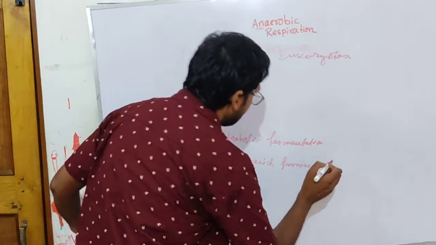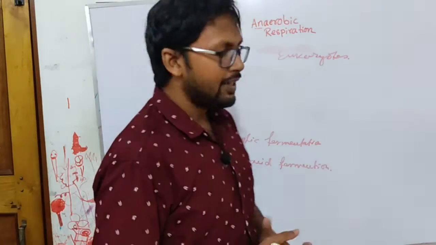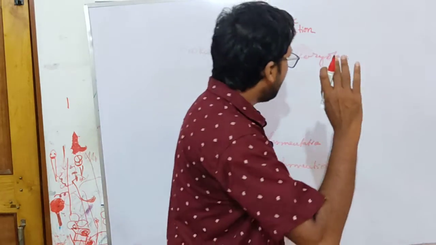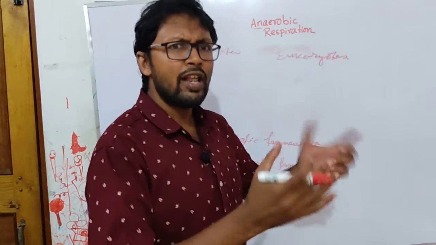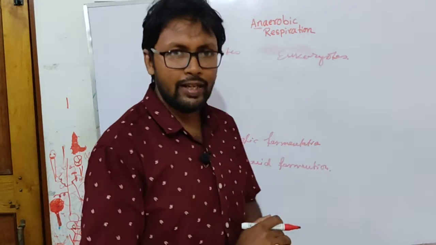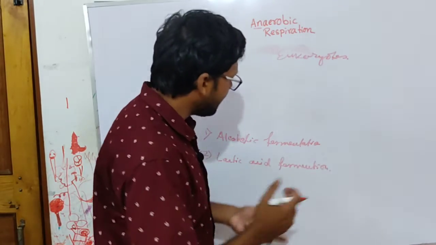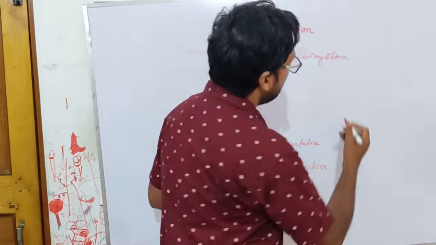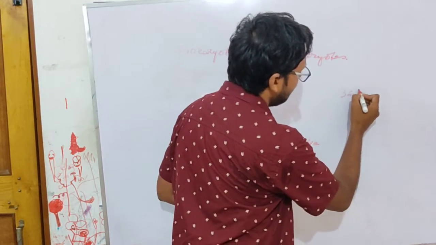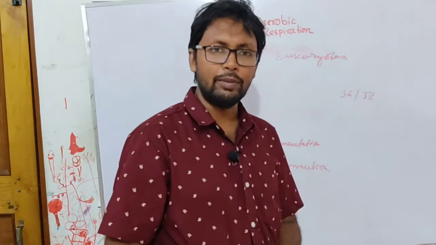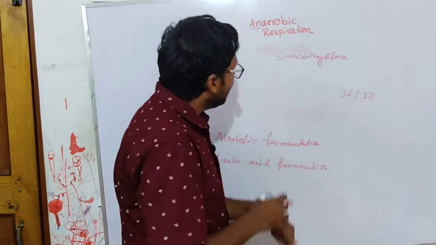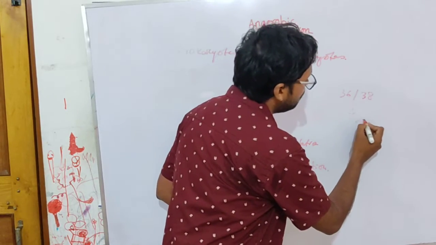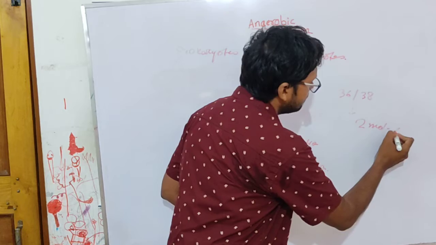ये फर्मेंटेशन क्या होता है? If we go through NCERT, then there is written the difference between aerobic and anaerobic respiration in energy production. During energy production, aerobic respiration produces 36 or 38 molecules of ATP, and in anaerobic respiration only 2 molecules of ATP.